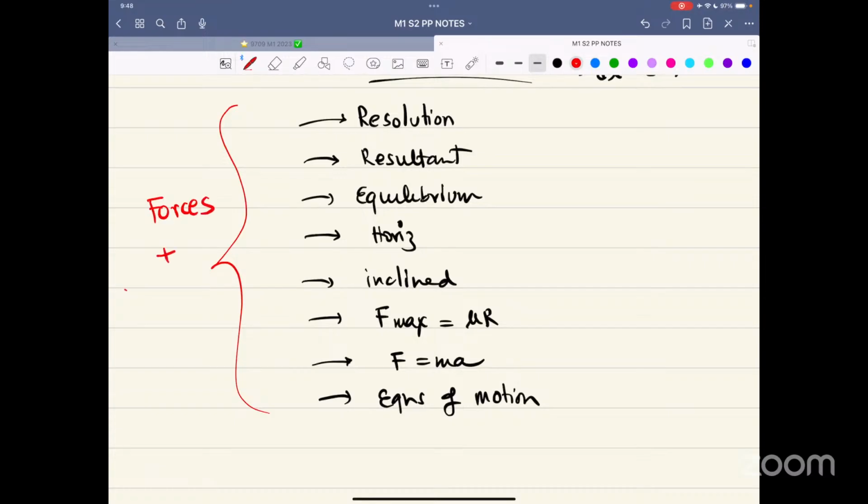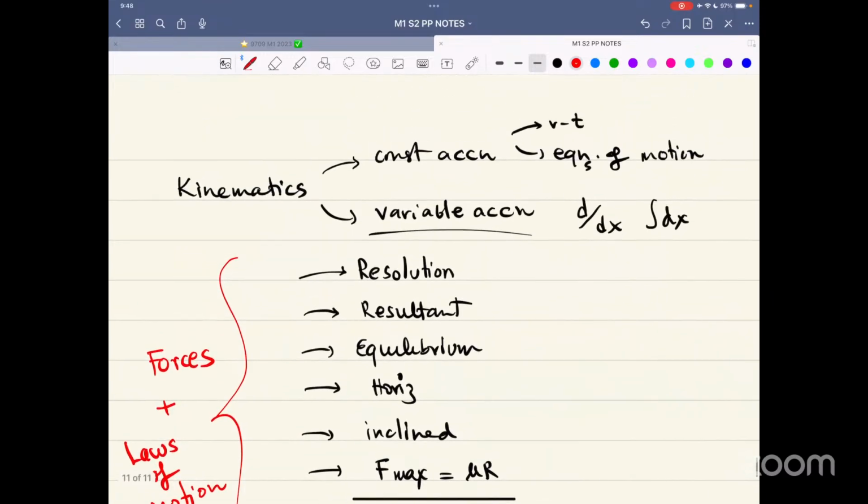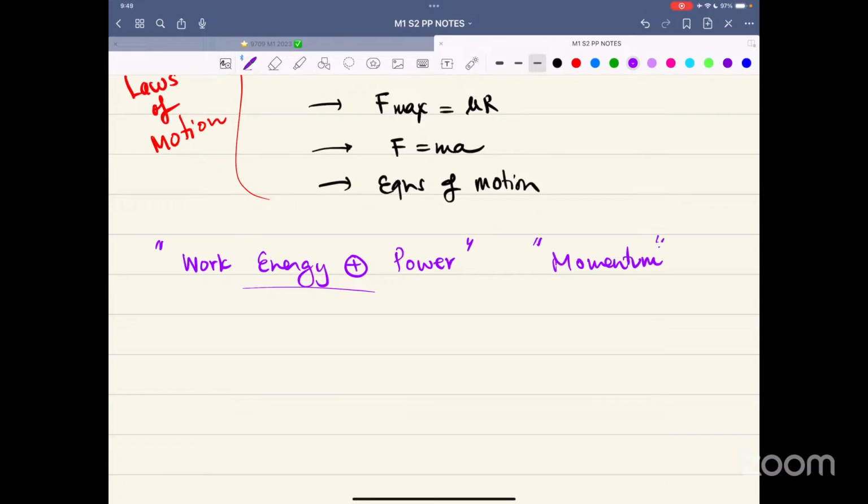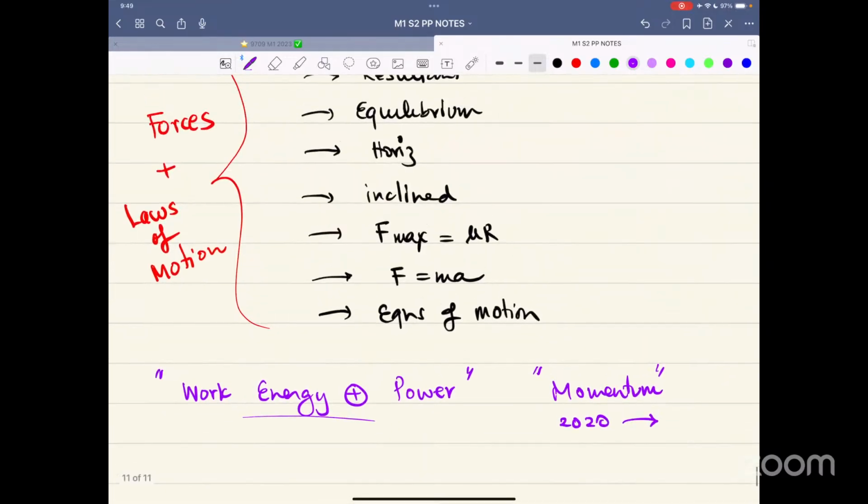Along with forces comes another chapter, that is Newton's laws of motion. These two come collectively or separately. There is a whole variety of it. And what else is there? Then we have work, energy, and power. And then we have momentum, a new chapter that got started in 2020, and it's considered one of the tough chapters.